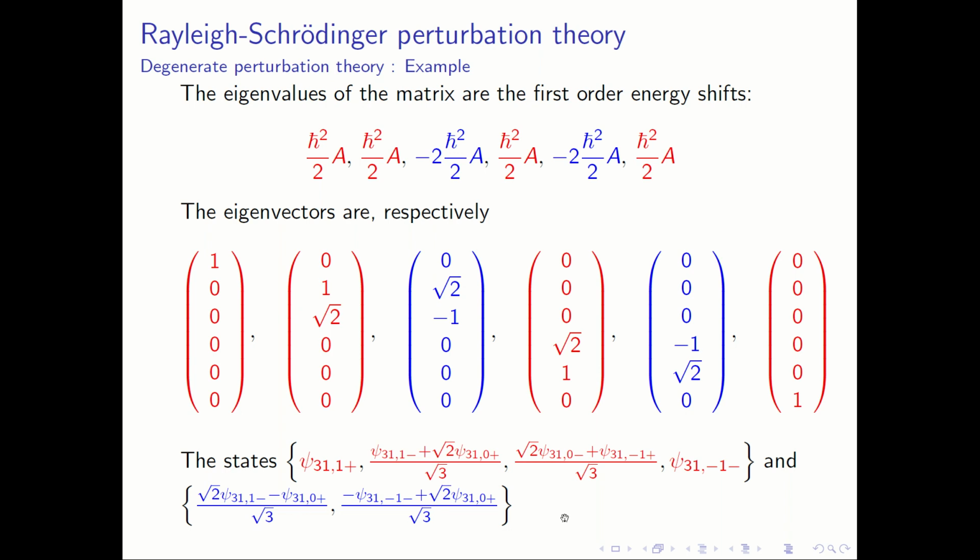These 2 correspond to the unperturbed energy minus 2 h cross square by 2A, at least to the first order in perturbation. So these are still degenerate to first order in perturbation theory, and this is the result that you get from first order perturbation theory.